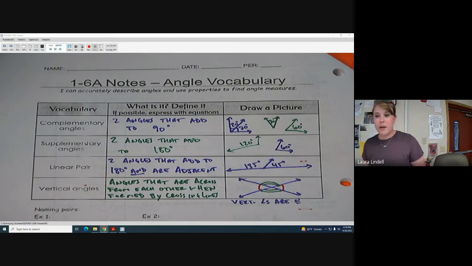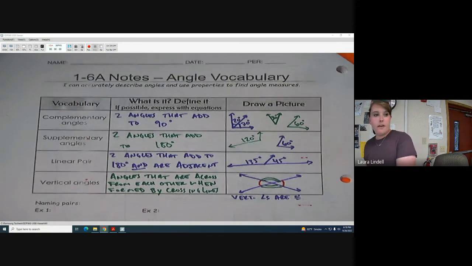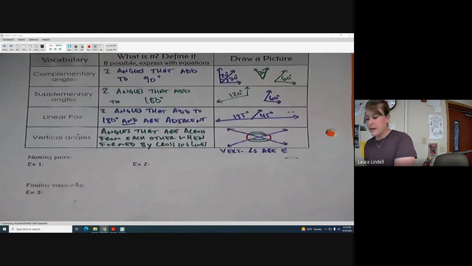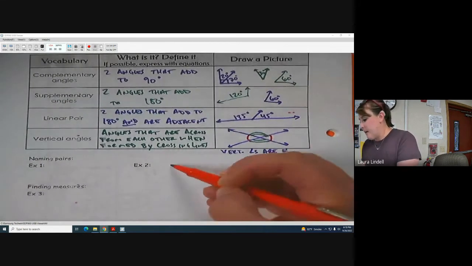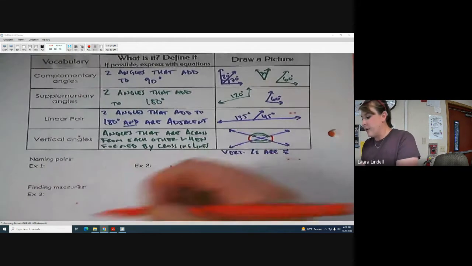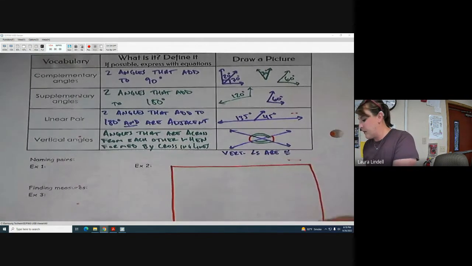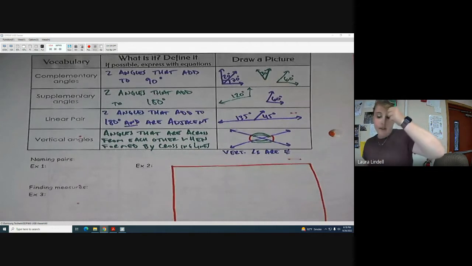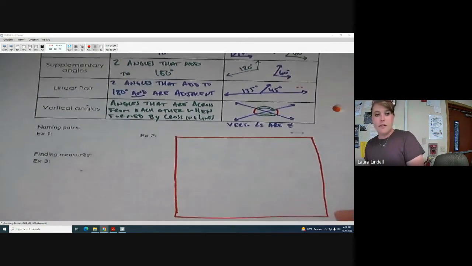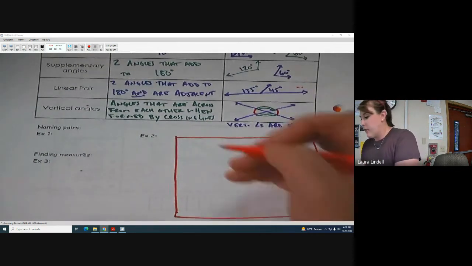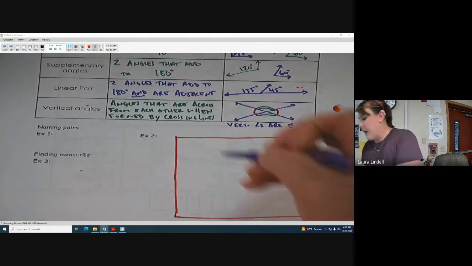So kind of moving on from there, our very last vocab word, we're going to make a new box down here for it. Instead of doing these examples over here, we're going to do examples on the homework worksheet. So make a little box down here. We're going to talk about the last vocab word for today, angle bisector.